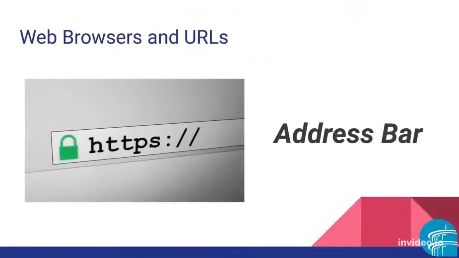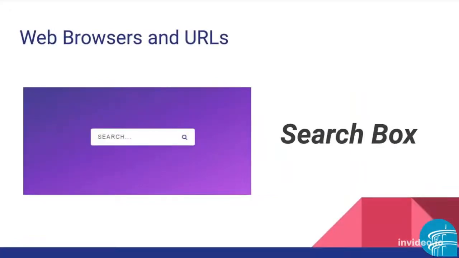The address bar is the area where you type in the address of the website you want to locate, or keywords if the exact name is not known. Usually the address begins with www.something. The search box is the area used to enter keywords when the exact web address is unknown. Some browsers only have a single search box that functions as both the address bar and the search box.